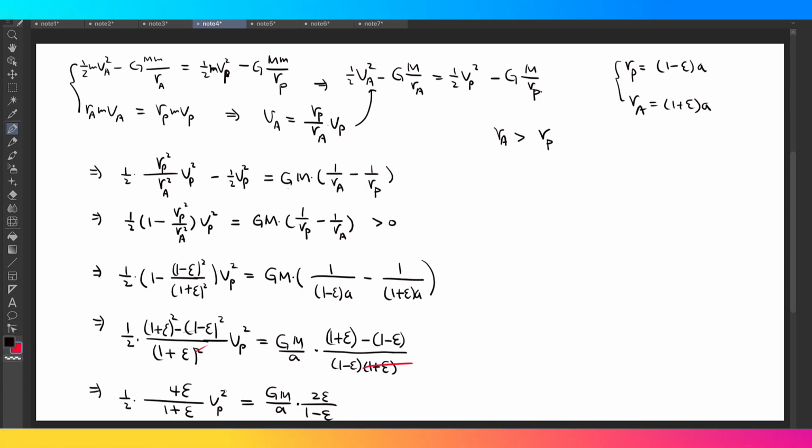So now let's see more cancellations. 2 and this 4 factor cancel out, right? We have 2 left. And 2 epsilon cancel with this 2 epsilon. So in the end, let's write down final VP here. So VP equals, I'm gonna move this 1 plus epsilon to the right side.